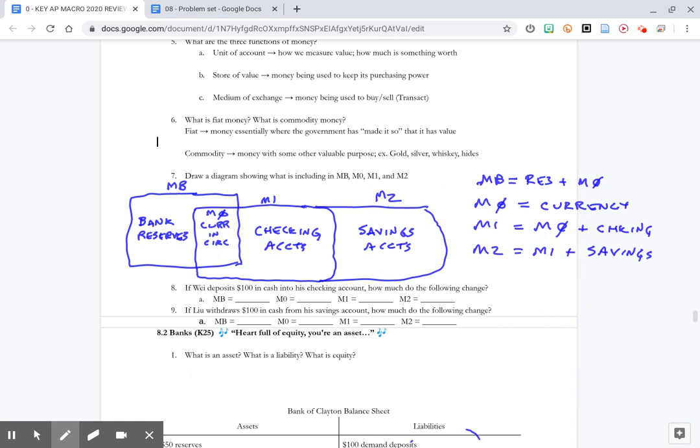Okay, so the last part of today, which is about money, is about if Wei and Lu deposit and withdraw money from checking and savings accounts. So very quickly here, if Wei deposits $100 in cash into his checking account, how much do the following change? Well, monetary base goes down by 100 because the amount of money in circulation decreases.